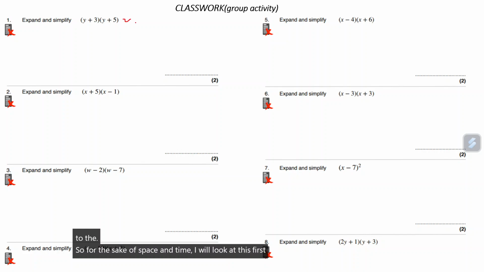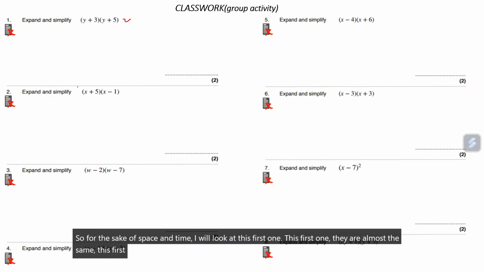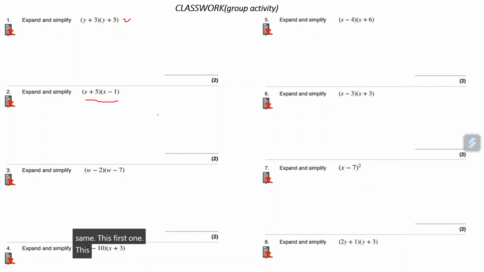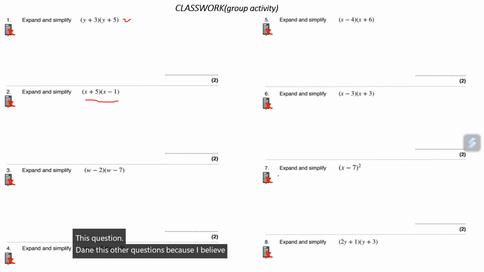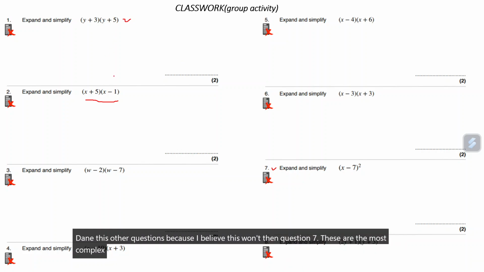This first one, they are almost the same. This first one, this question, then these other questions, because I believe this one, then question 7, these are the most complex ones. This will help guide you to solve all other ones.